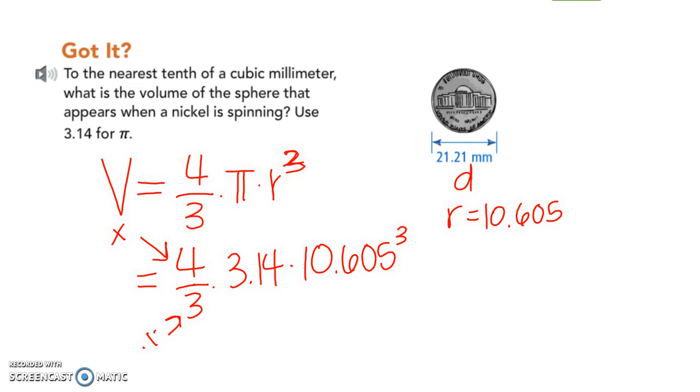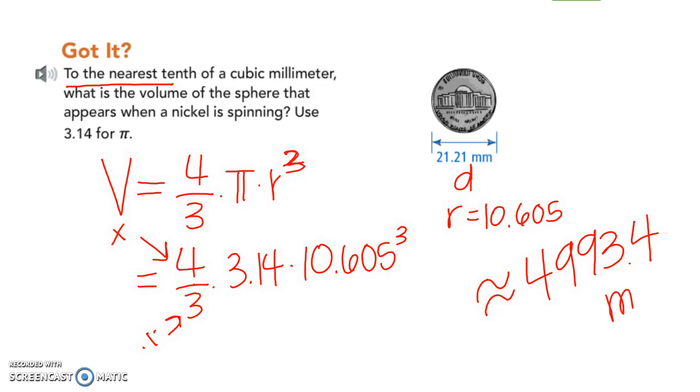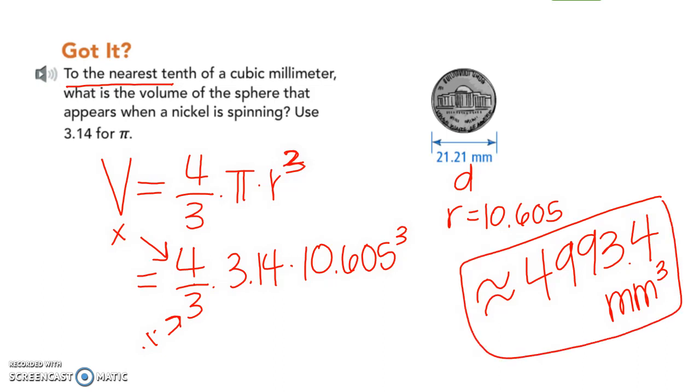Times 4, enter, divided by 3, enter. And I am rounding to the nearest tenth. So this is approximately 4993.4. I actually have 4/6 after that, but it would just round to the nearest tenth because that's what the directions say. And this is millimeters cubed. And that's it, volume of a sphere.